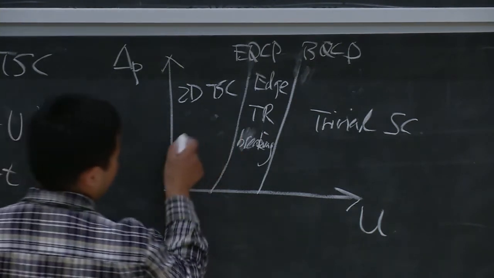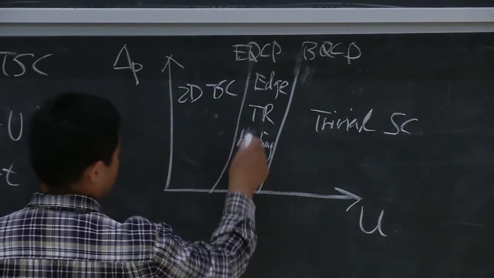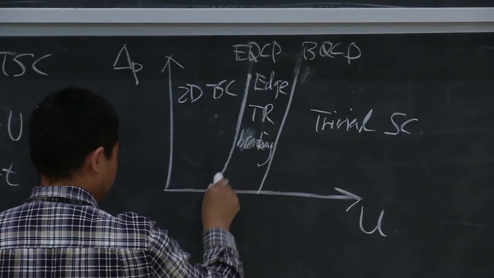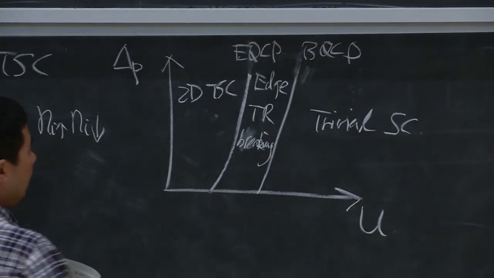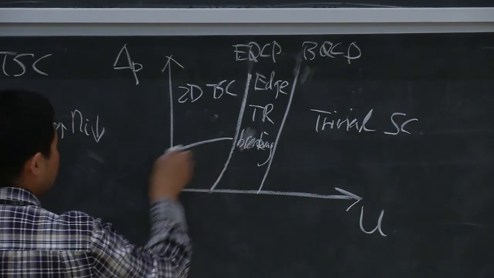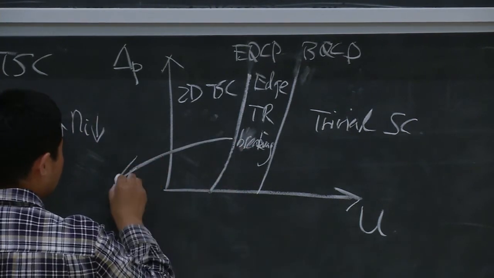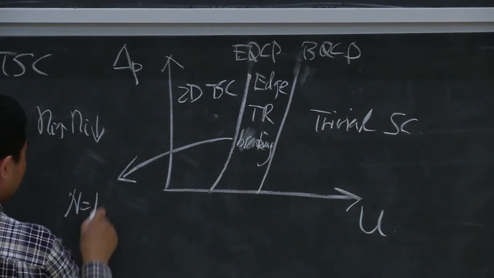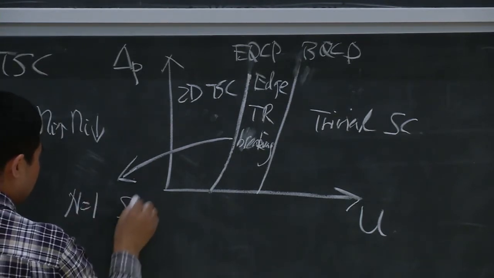So when we move the interaction along this direction, there's an edge quantum critical point along this line. And Ashwin and collaborators predict that at this edge quantum critical point, there's the N equal to 1 emergent SUSY.